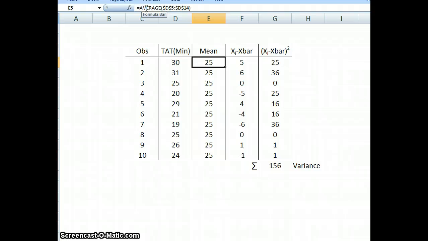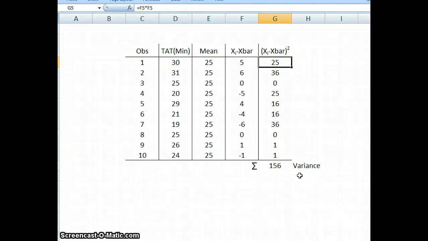I notice I've used the function for the average, again locking it down with those handy dollar signs. And now I've added this other function, which is simply doing a little algebra, subtracting the mean from the observation, from this version of x sub i, which is 30. And of course, the difference between 25 and 30 is 5. So here are all the x sub i minus x bar variables. And then in this column, we just squared them, just multiplied them by themselves.